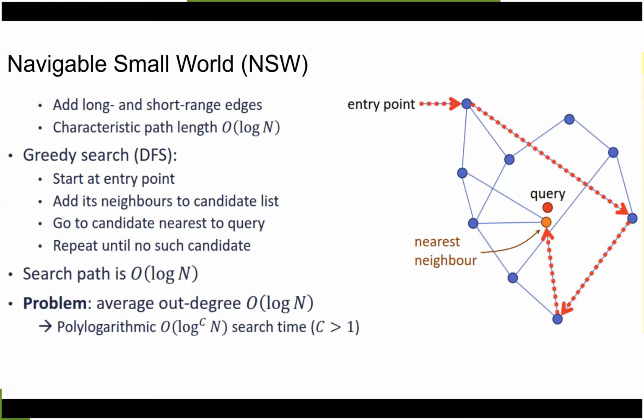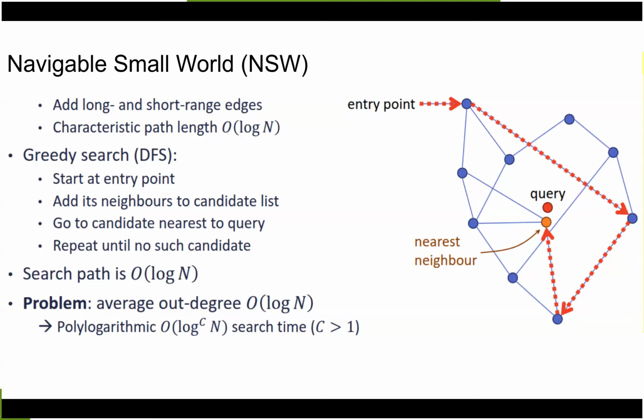And you know, in a highly scaled vector database, O(log n) could be a big number. And also, this is the average out degree. You could have the case for some nodes that you are connecting that node to like 1,000 or 10,000 other edges. And basically, it increases your tail latency hugely. And this is very bad for your database.